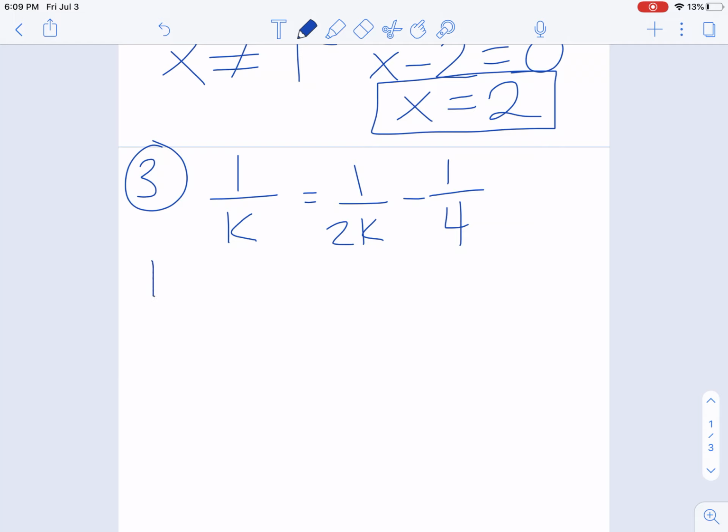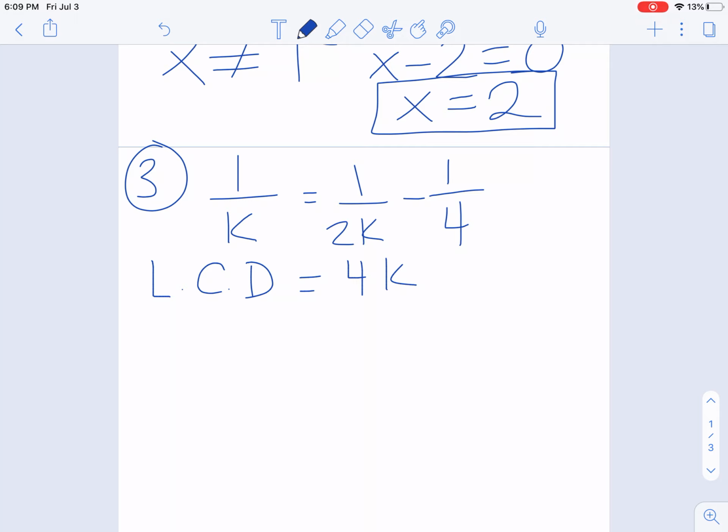The lowest common denominator for k, 2k, and 4 is 4k. Because 4 is the largest number, 2 times 2 would give us 4, and this is just a 1. And then each of these has a k, so the last one will also have to have a k. So the lowest common denominator is 4k, and we're going to rewrite everything with that common denominator.